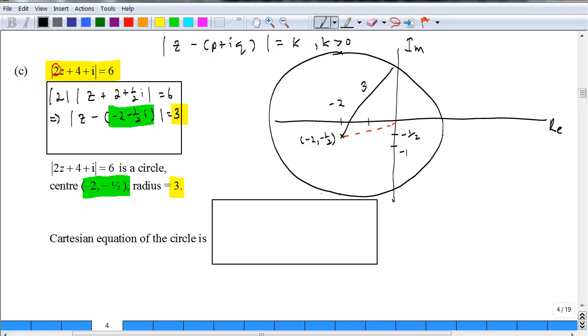As we have seen before, you can do it on your own and you should be able to get the equation of this circle as (x + 2)^2 + (y + 1/2)^2 = 3^2. So the Cartesian equation of the circle is given by this.